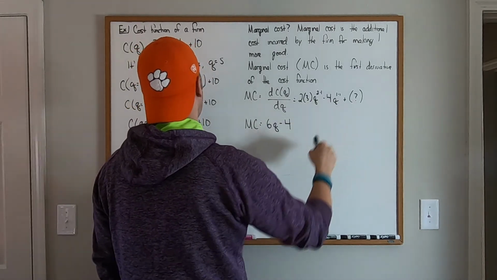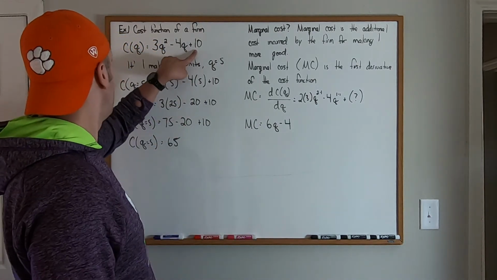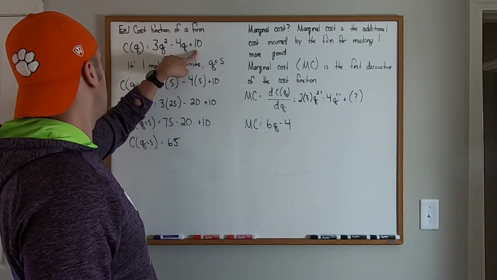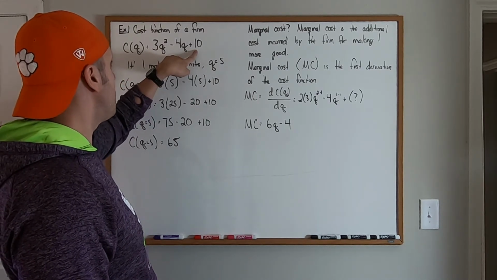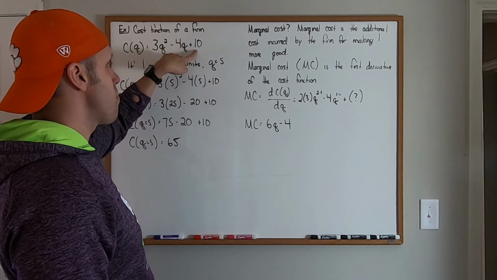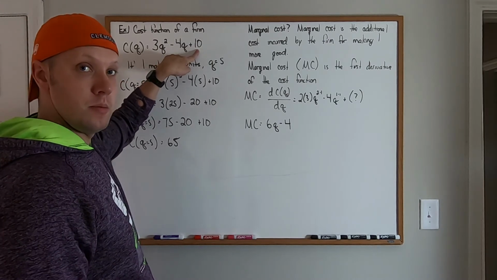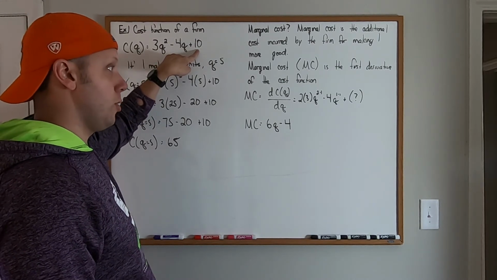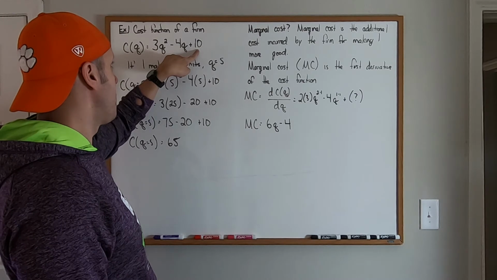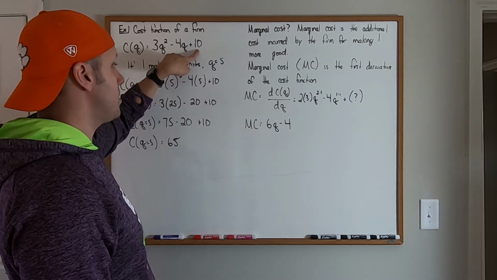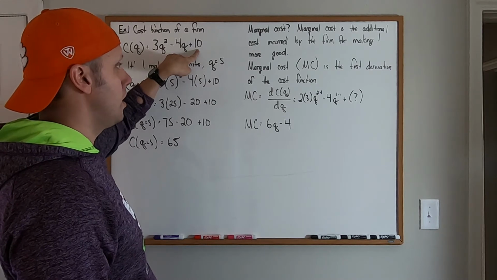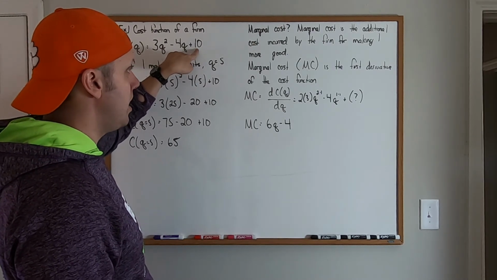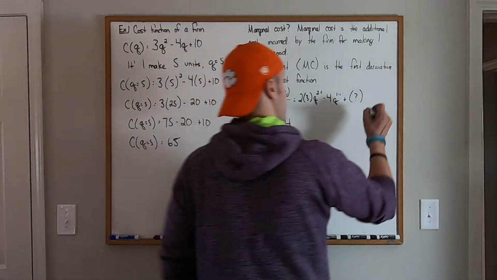Let's think about this 10. What is that 10? Well, this 10 is the y-intercept. It's the intercept of this cost function when we are producing 0 units. Right? It is a constant. It's not changing. It has no slope. Its slope is 0. So if its slope is 0 and I want to look at the slope of this function, well, this 10 differentiates to 0.